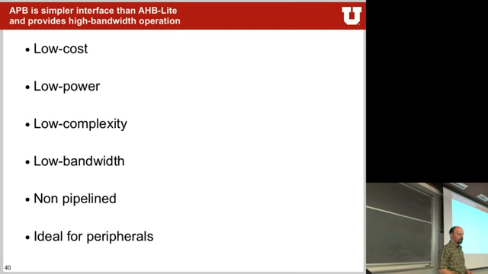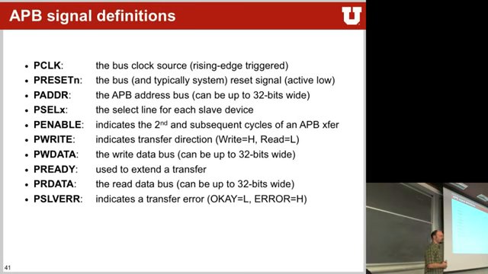The signals we are dealing with are fewer. We have a clock, a reset line, an address, a select, an enable, a write, write data, read data, a ready, and a slave error. Some of these signals are similar to before, but we don't have this whole pipelining and bursting anymore, which makes everything a lot easier.